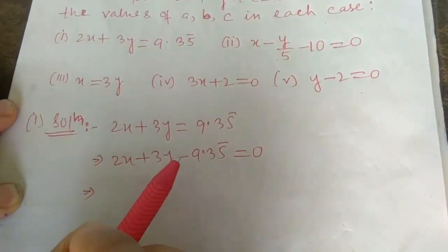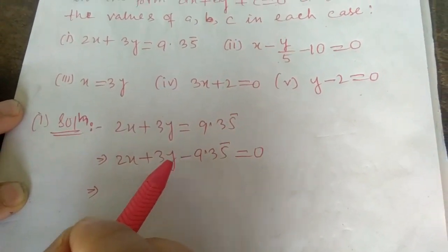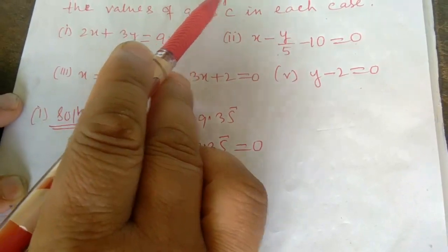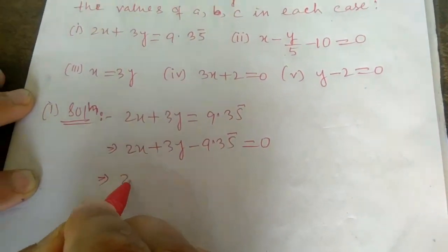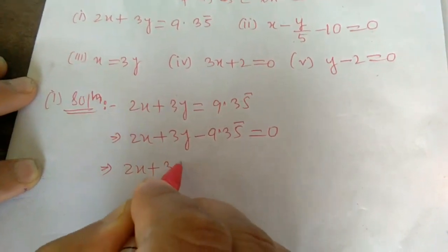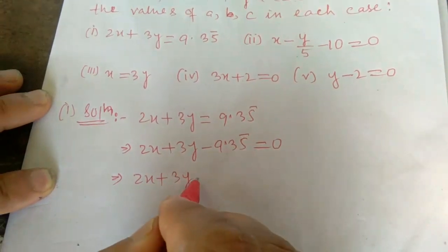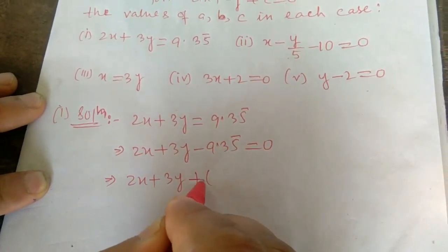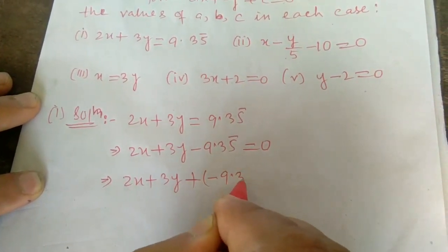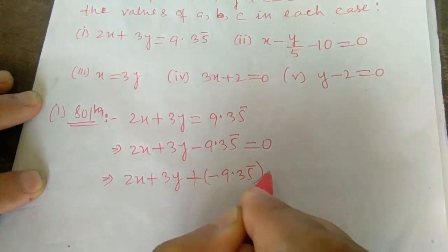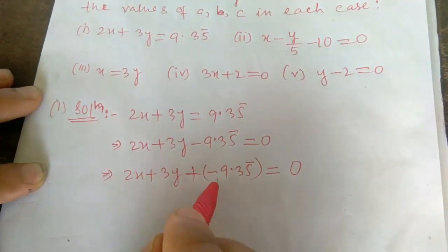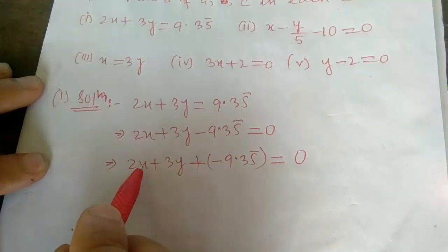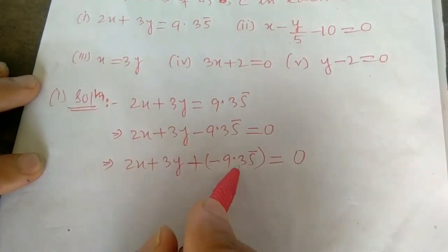We cannot keep any negative sign because you have to express it in the form ax plus by plus c equal to 0. So twice x plus 3y, it is minus, you give plus sign and write minus 9.35 recurring within bracket equal to 0. So this is your ax plus by plus c.